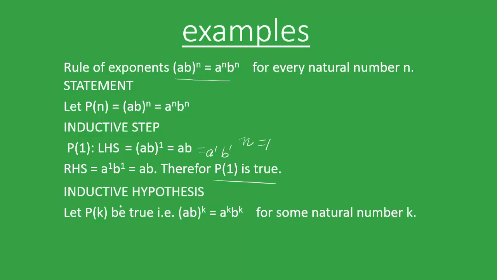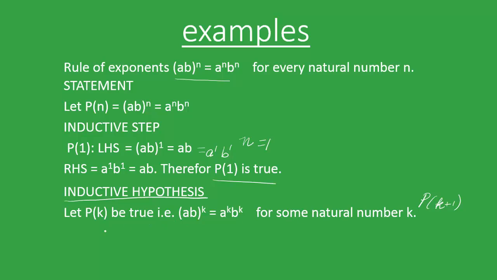The next step is called the inductive hypothesis. Assuming that Pk is true, that is (ab) to the power k is equal to a to the power k into b to the power k for some natural number k, and trying to prove that P of k plus 1 is true.